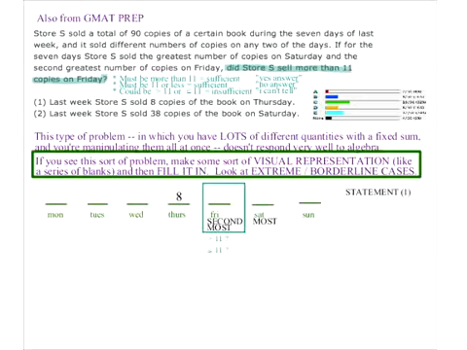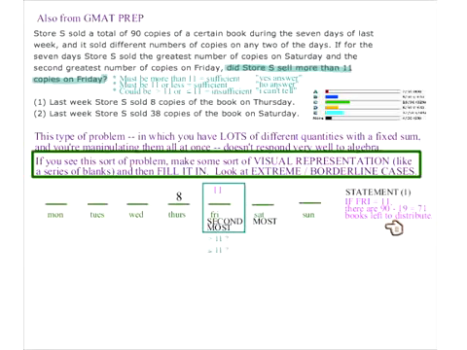So 11 on Friday would mean that, if Friday is 11, there are 90 minus 19, 71 books left to distribute. And as long as we can distribute 71 books somehow, we're good. So given that Saturday is the most, all you have to do is find something that works.